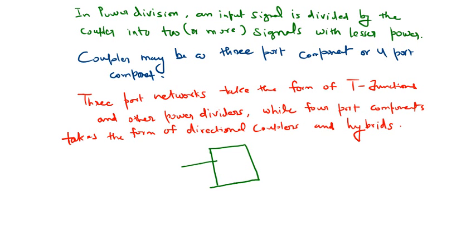Suppose two powers are there, first power is P2, second power is P3. Then P1 is the sum of the two powers, so it is a power combiner. It may also be a three-port or four-port component, and it may be lossless or with loss.